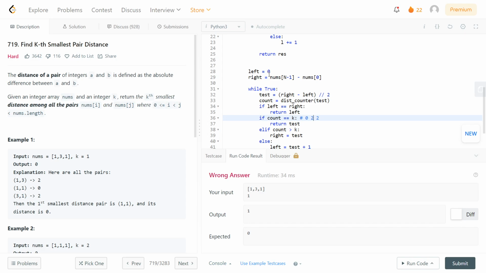We're not sure if that's the correct answer. How would I know if that's correct? Right minus left divided by 2.